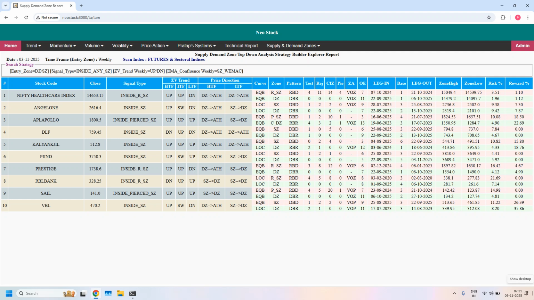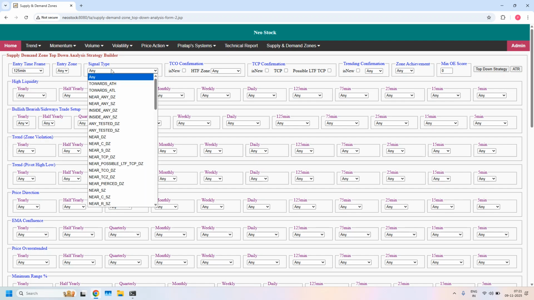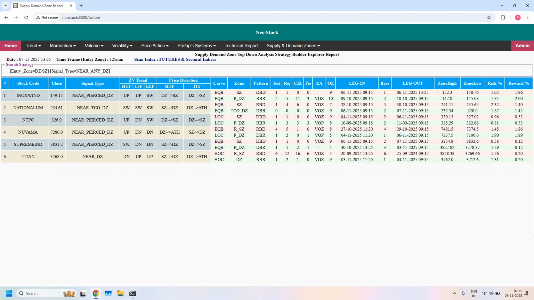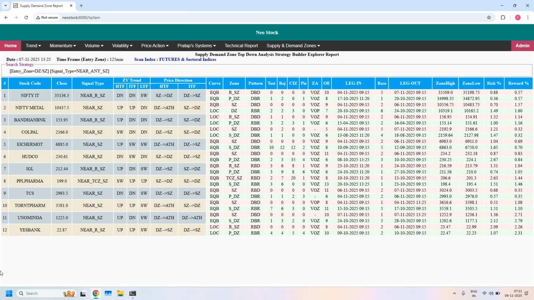Next time frame daily already generated in the beginning of the report. So the next time frame is 125 minutes. Stocks near 125 minutes demand zone. We got 6 stocks. Okay, next stocks near to the 125 minute supply zone. We got 12 stocks.